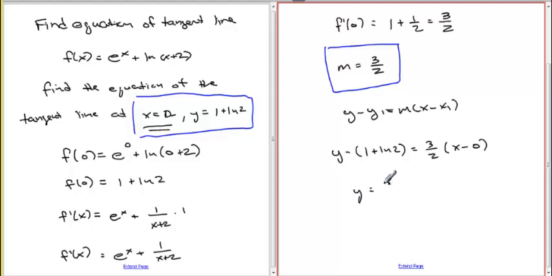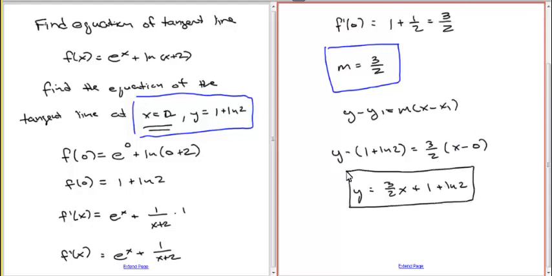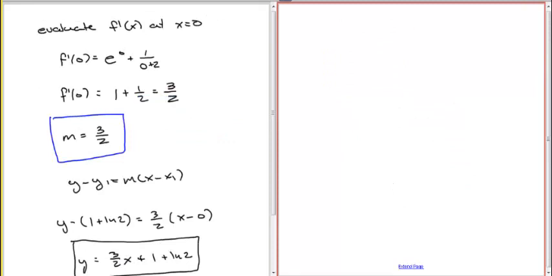You get y equals 3/2 x plus 1 plus the natural log of 2. And that's your answer: the equation for the tangent line to this curve at x equals 0 and y equals 1 plus the natural log of 2. So that's one thing you probably haven't done for a while, and I want to make sure you understood it.